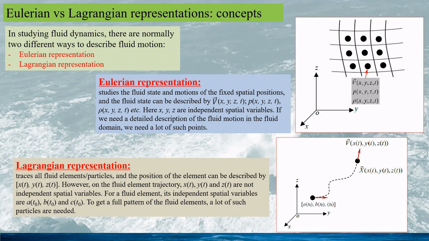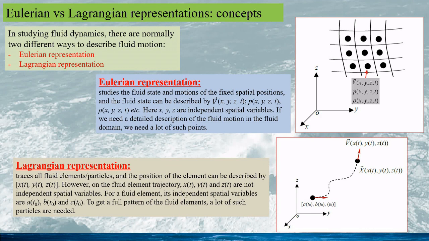However, on the particle trajectories, x, y, and z are not independent variables, which is the main reason why establishing the fluid dynamic equation in such an approach is very difficult and even impossible today for 3D viscous fluid dynamic equation in the Lagrangian representations.